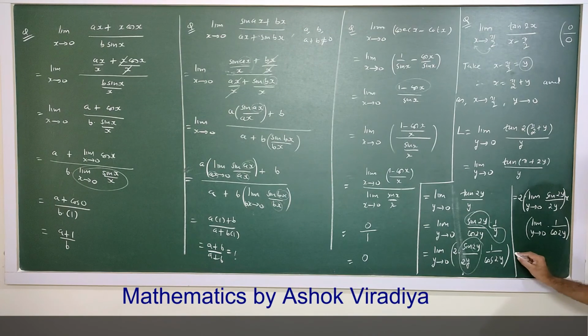So this is equal to 2 into, now this is 2y, so put 2y here. As y tends to 0, 2y tends to 0. So this is 1, and here 1 upon cos 0. Put y as 0 here, so this is cos 0, and cos 0 is 1. So this is 2 into 1 by 1, so the limit is 2.